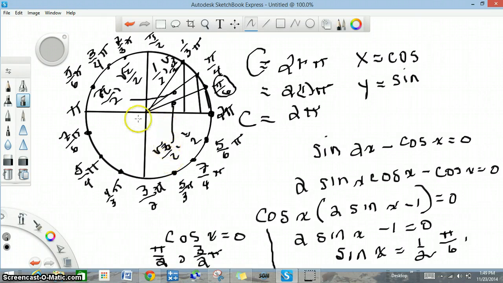No, hold on there. I'm sorry, here we go, back here. We need the sine to be 1/2. And if the sine here is 1/2, then the sine directly across is 1/2. The cosine is negative. So our answers are going to be 5 pi over 6 and pi over 6.